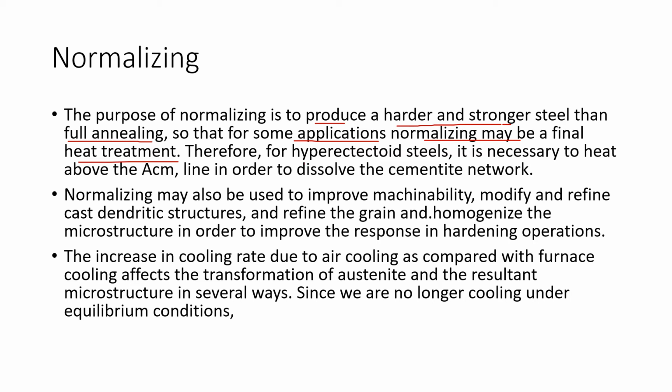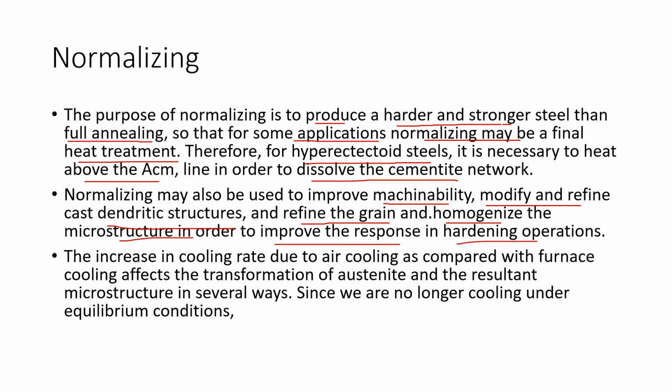Therefore, for hypereutectoid steels, it is necessary to heat above the ACM line in order to dissolve the cementite network. Normalizing may also be used to improve the machinability, modify and refine cast dendritic structures, and refine the grain and homogenize the microstructure in order to improve the response to hardening operations.